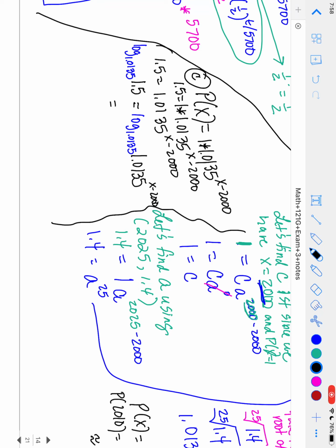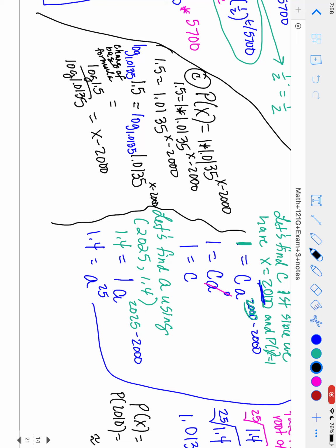So on the left-hand side, using the change of base formula, it's going to be the log of 1.5 divided by the log of 1.0135 is equal to just x minus 2000.